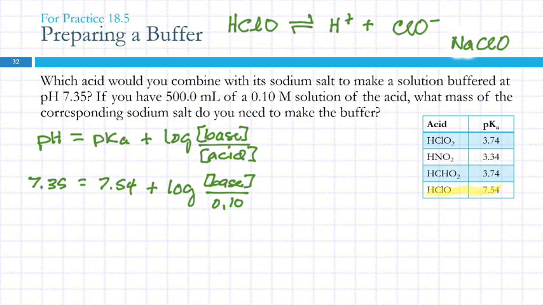So depending on your relationship with math, you may just rearrange and solve this in your head, or you could use the solver, right? I'm not going to go through this in detail, but what I'm doing in my head as I solve this is I'm taking the 7.35, I'm subtracting the 7.54 from that.